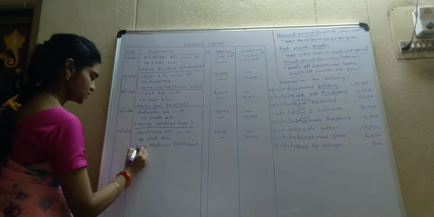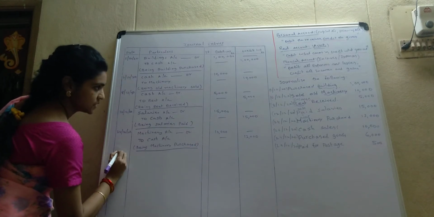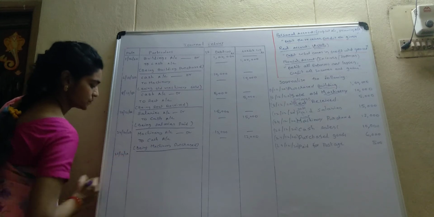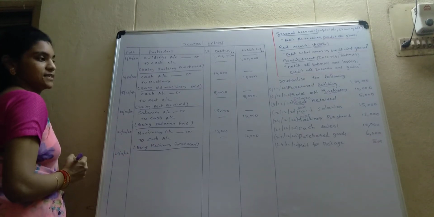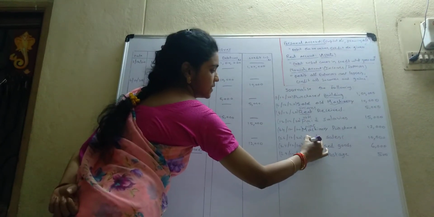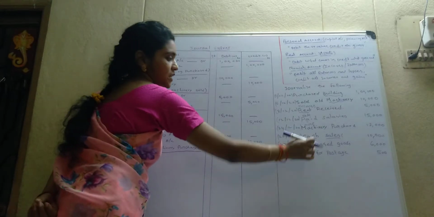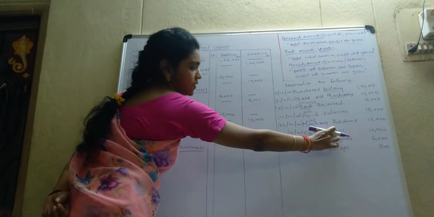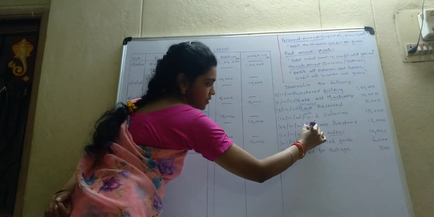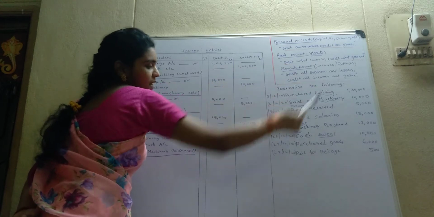And coming to the next transaction, on 26/12/20. Cash sales. Both accounts affected are clearly seen here. One account is cash account and another account is sales account. Cash belongs to real account. What is the rule for cash? Debit what comes in.